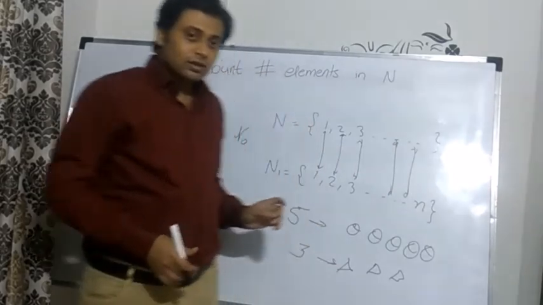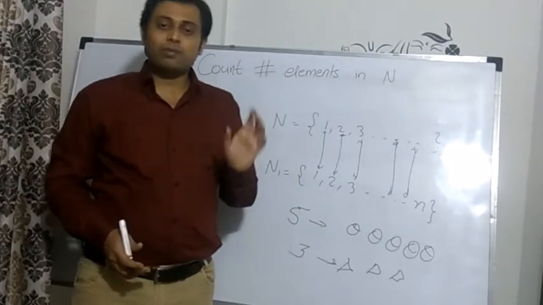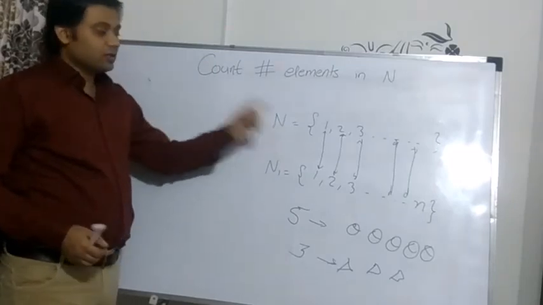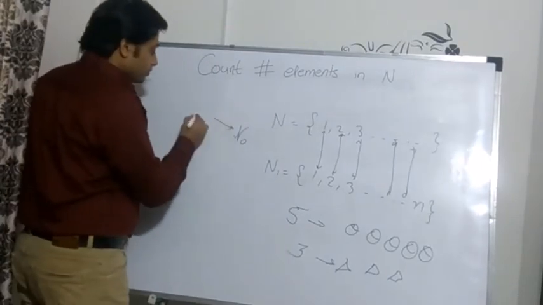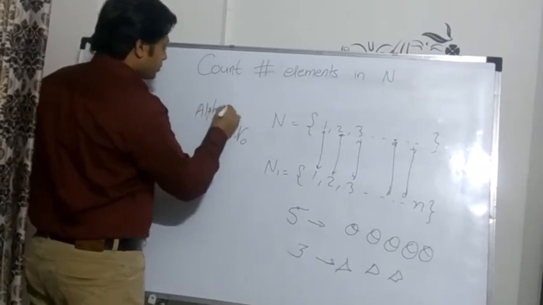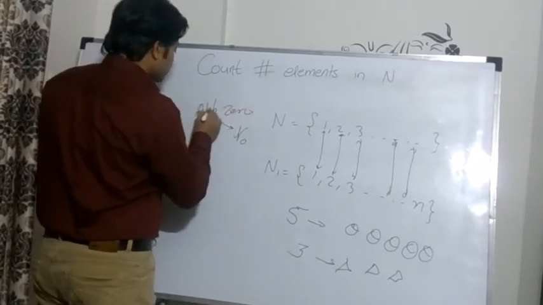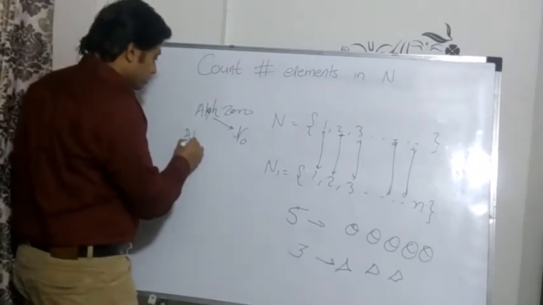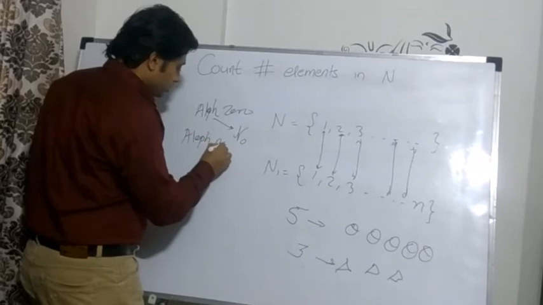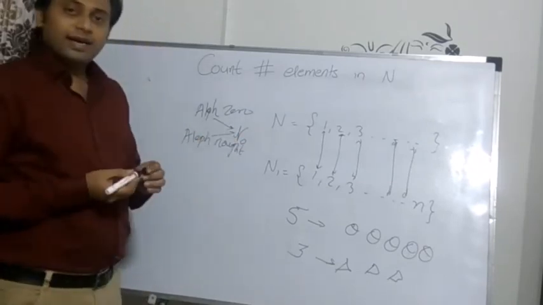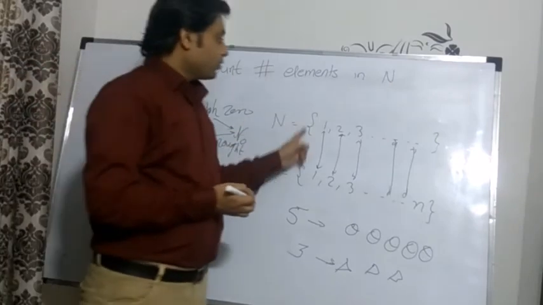So this entire discussion is about Cantor set theory. So Cantor gave Aleph 0, or Aleph naught, as a number for the number of natural numbers.